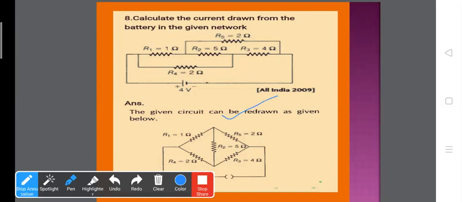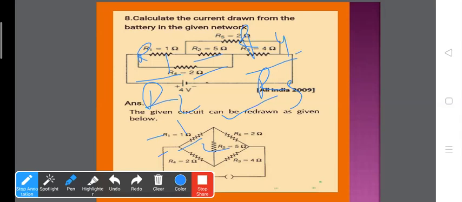Clear? Now check the condition of a balanced Wheatstone bridge, which is P upon Q, that is R1 upon R2 equal to R4 upon R3. You will get R1 upon R2 equal to 1 upon 2 and R4 upon R3 equal to 2 upon 4, which is also equal to 1 upon 2.